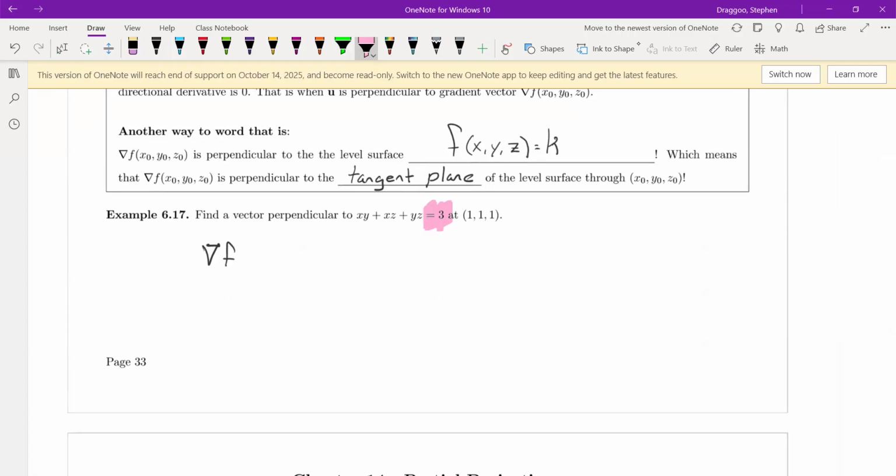It doesn't super matter to us. But I should make sure that my function is equal to a constant before I start doing extra math. So I want a gradient of this thing, and it should be some stuff. This looks like y plus z, and then x plus z, and then x plus y. No, x plus y, not x comma y.